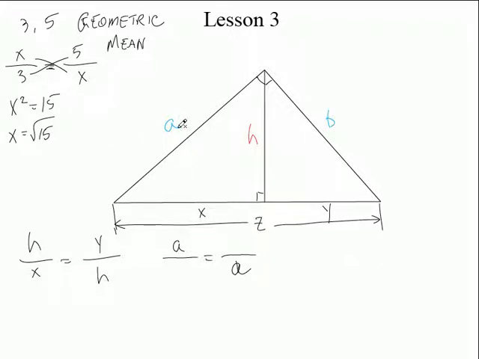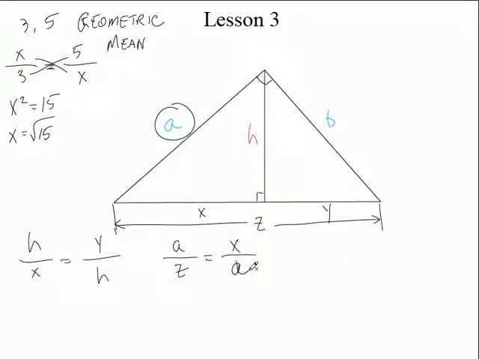So watch, A is a geometric mean between the whole thing, which is z, and the segment of that whole hypotenuse that's adjacent or closest to this A, which is what? It's x, right? X is closest to A, it's adjacent to it. Y would be closer to B. So z and x.